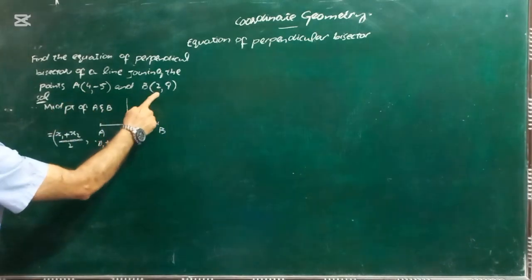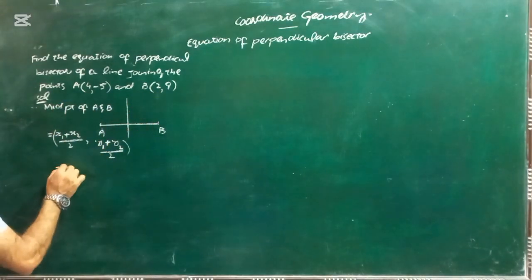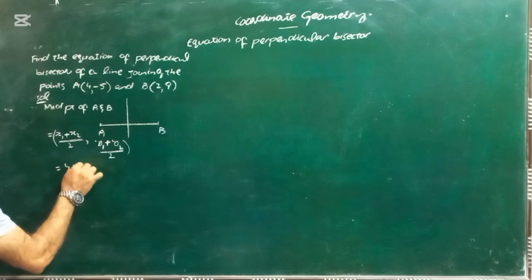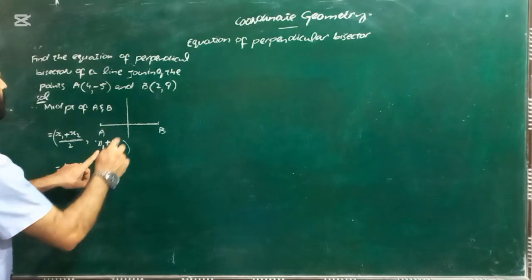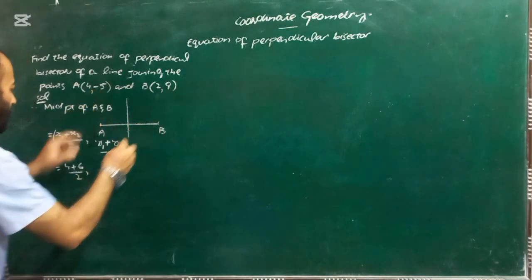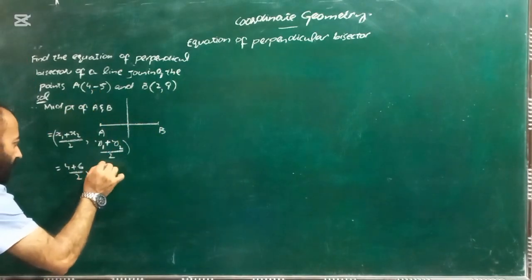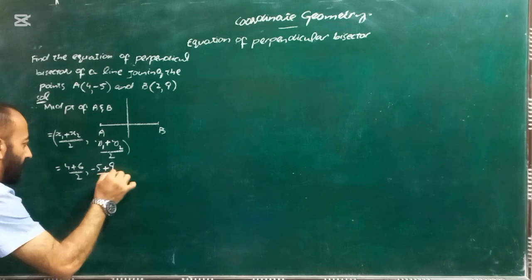So x1 plus x2, so 4 plus 6 divided by 2, and y1 plus y2 divided by 2, so minus 5 plus 9 divided by 2.